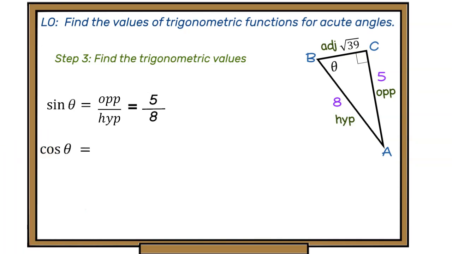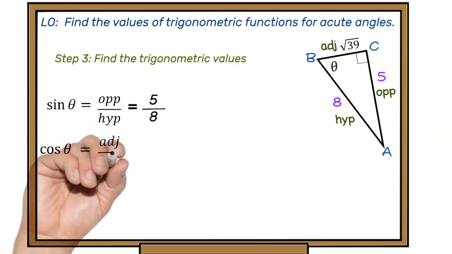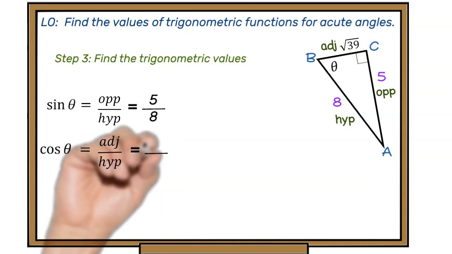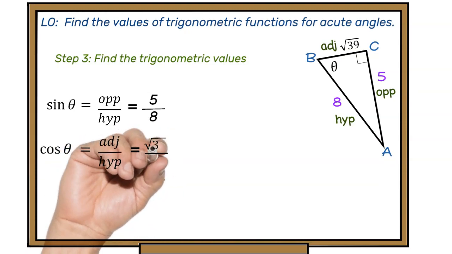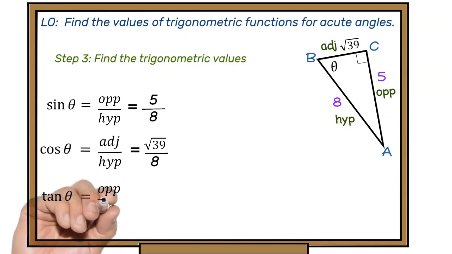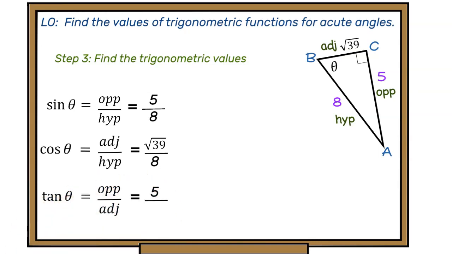The cosine theta, which is adjacent over hypotenuse, will be root 39 over 8. Tangent theta, opposite over adjacent, will be 5 over root 39.